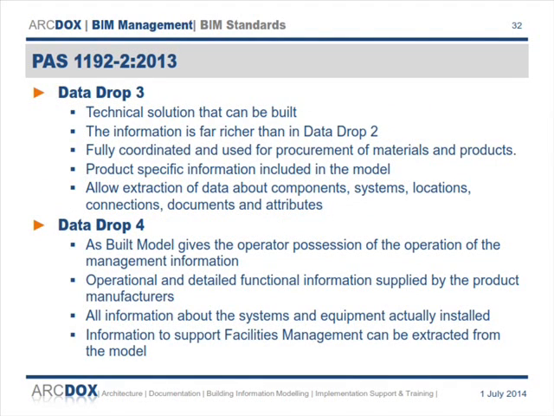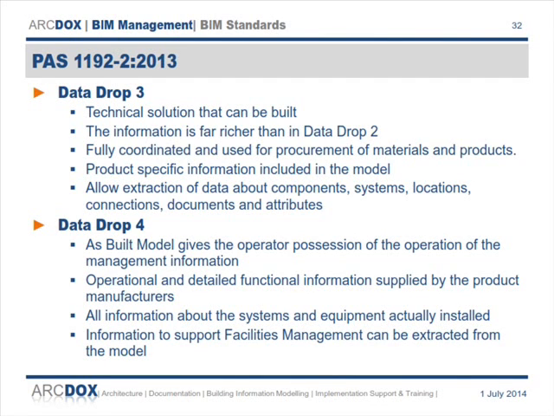Your model and the information in the model has been built up to a solution that can be built. The information is much more than data drop 2. You've got product specific information in the model, and you can extract data about those components, systems, locations, and information about the building from the model at this stage.